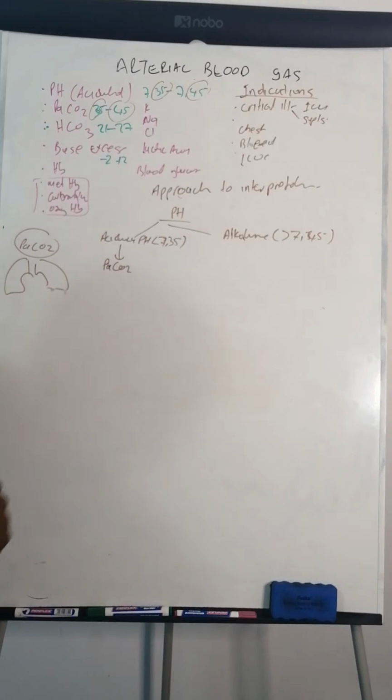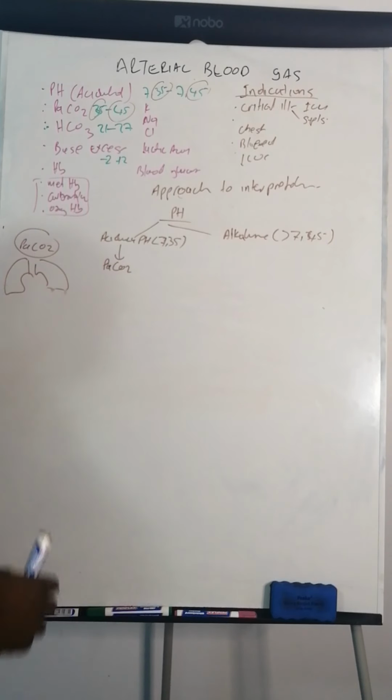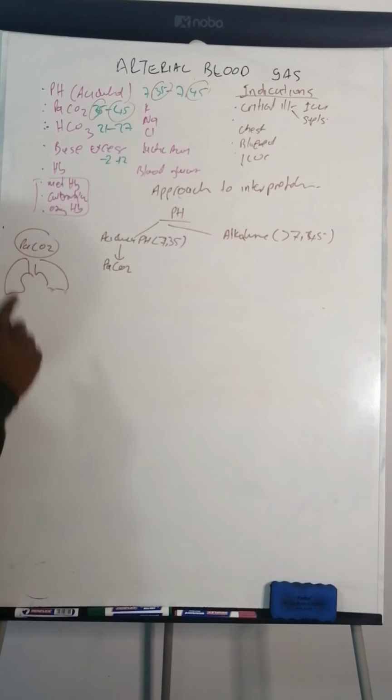I want to repeat this again. If you look at your pH and you see that my pH is acidic, you say, okay, acidic. Now, let us see, is this pH acidic because of a CO2 problem, or is it acidic because of a metabolic problem? So you look at it and say, okay, acidity, but what is the partial pressure doing?